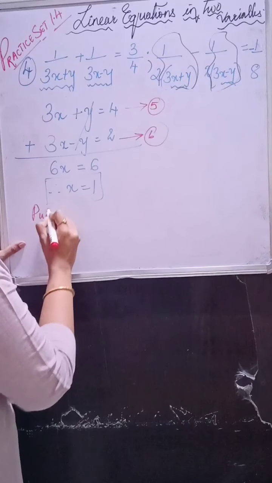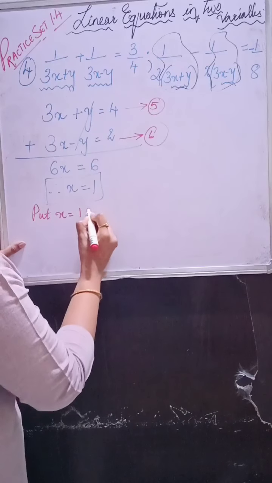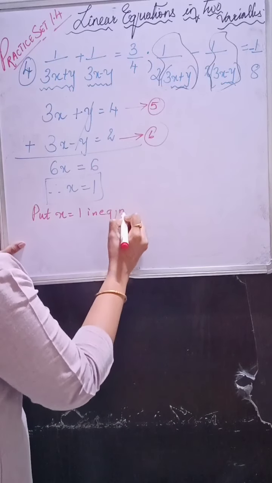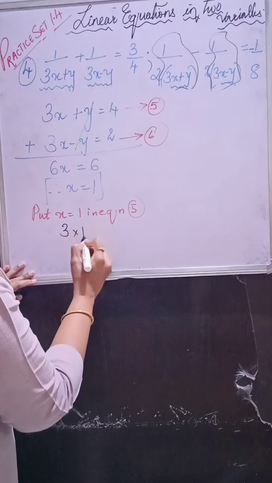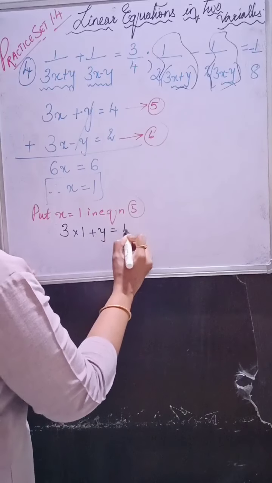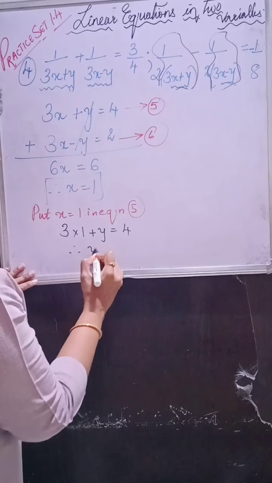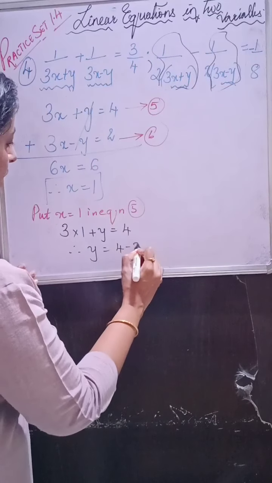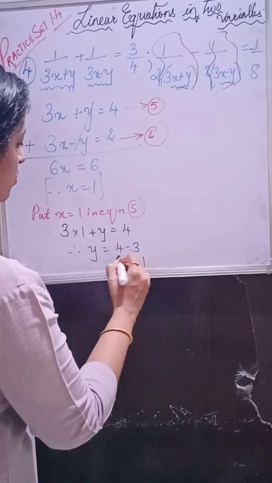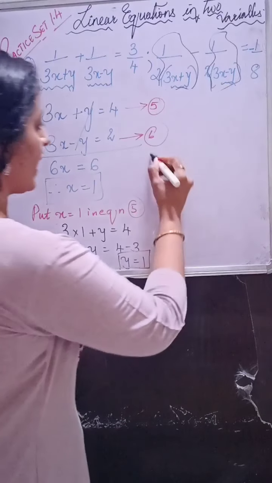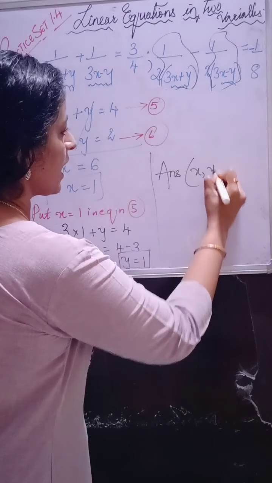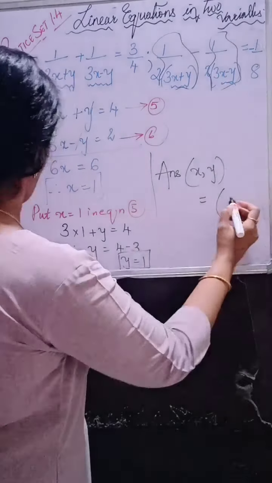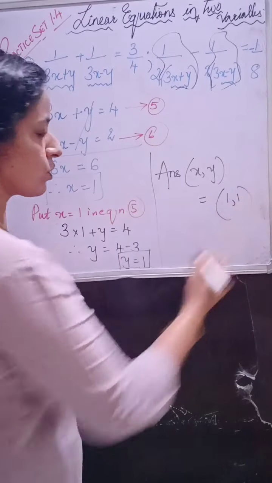Now put x is equal to 1 in equation 5. 3 into 1 plus y equal to 4. So therefore y is equal to 4 minus 3. Y is also 1. So final answer, x comma y is equal to, x is 1, y also 1.